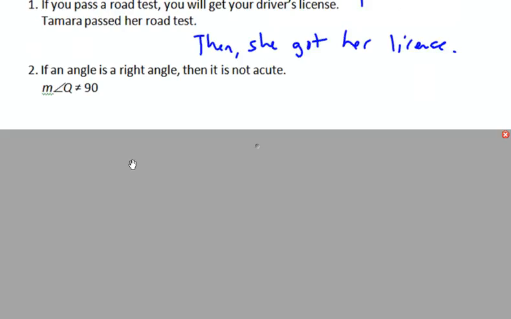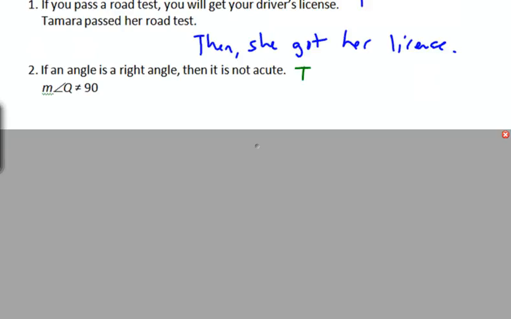All right, here's an example. If an angle is a right angle, then it is not acute. So that's true. If it's a right angle, then it's not acute. Now we have measure of angle Q is not 90 degrees. So what we're given here, the measure of angle is not 90 degrees, so it's not a right angle. You might be able to say that it is acute, but you can't say that.